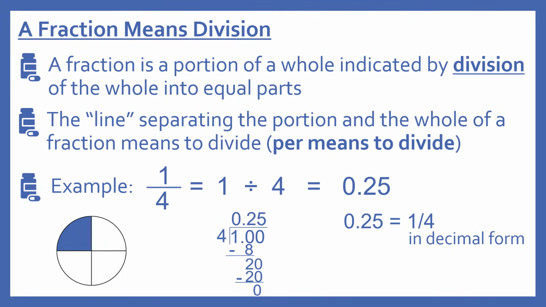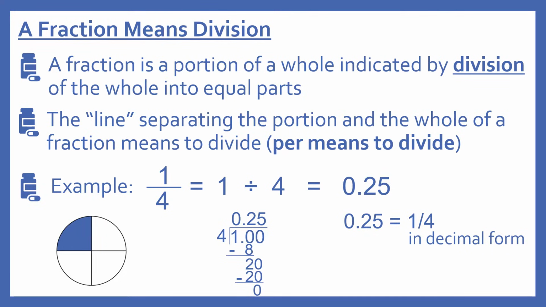So now we're going to talk more about the definition of a fraction, look a little closer at that. A fraction is a portion of a whole indicated by division of the whole into equal parts. So the line separating the portion and the whole of a fraction means to divide. So per means to divide. Remember I said one of the ways to say a fraction like 1/4 is 1 per 4 or 1 over 4, but per means to divide.